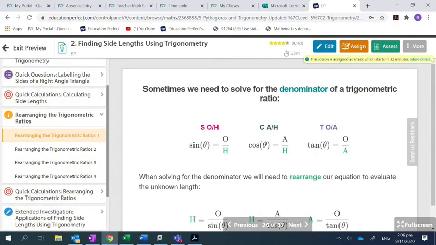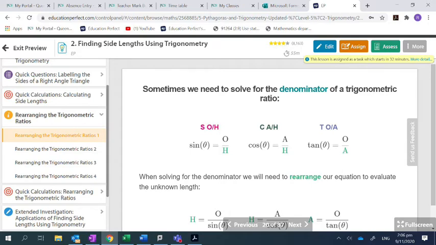So when you're solving, you're going to eliminate that denominator by multiplying by the denominator. You're going to clear the fractions, in other words. The ones we looked at last time had a number in the denominator, 7 or 11, but your unknown, your variable, could also be in the denominator.